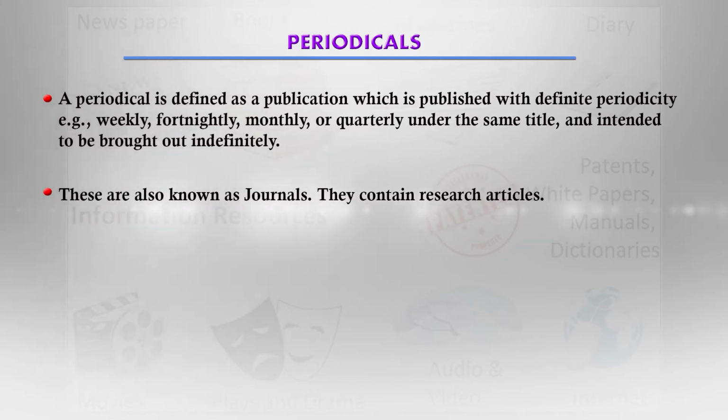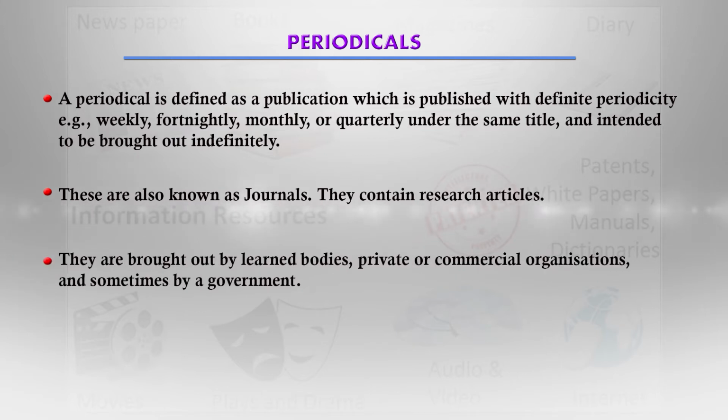These periodicals are also known as journals. Some people call them journals, and these journals or periodicals contain research articles. They are generally brought out by learned bodies, private or commercial organizations and sometimes by the government also.